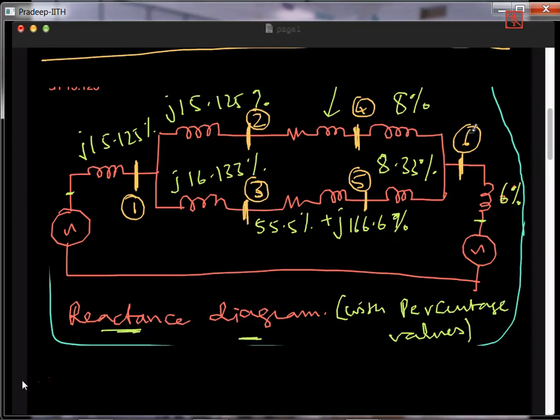At bus number 6, actually three different pieces of equipment are connected: a transformer here, another transformer here, and a motor here. This is a generator and this is a motor. So at bus number 6, three equipments are connected. Similarly, at bus number 1, three equipments are connected. At bus number 3, two equipments are connected, and so on. So, how to identify buses?